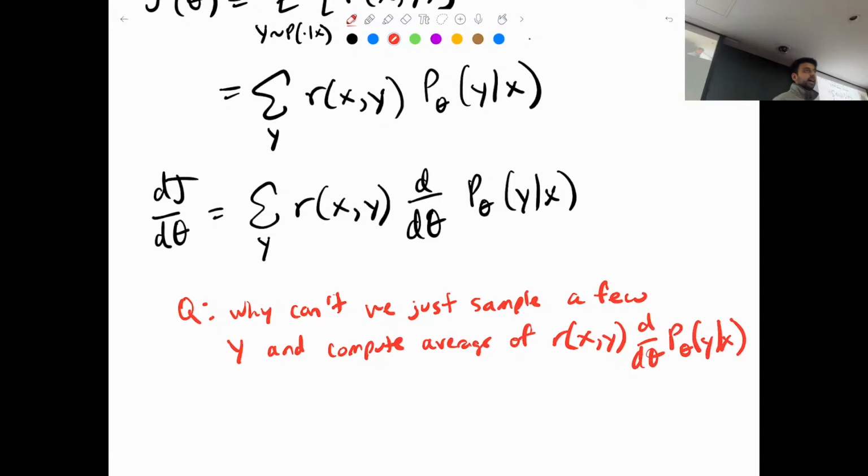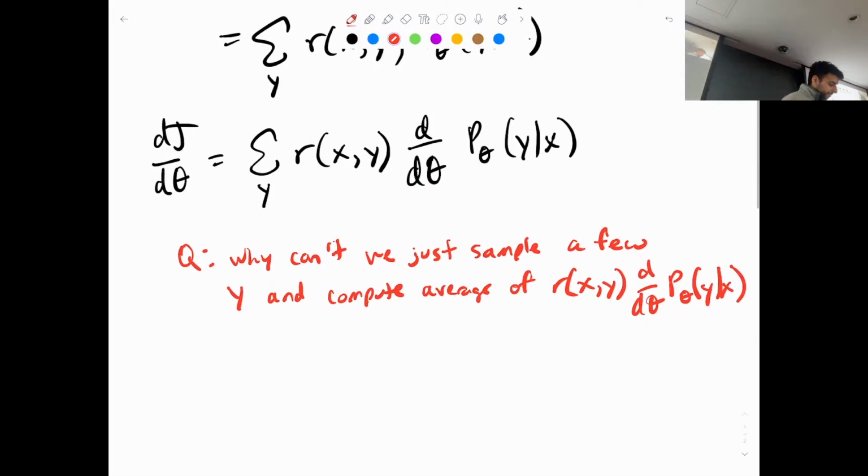Because we can differentiate through this probability p_theta(y given x). So of course, it is just as convenient to do this as, well, maybe a little less convenient than to use the log probabilities which we have when we're producing the y.